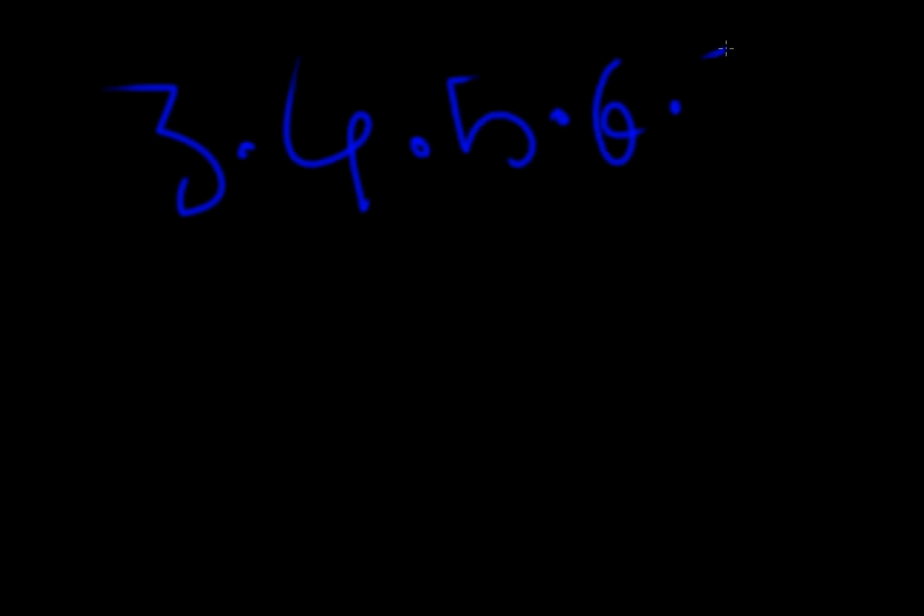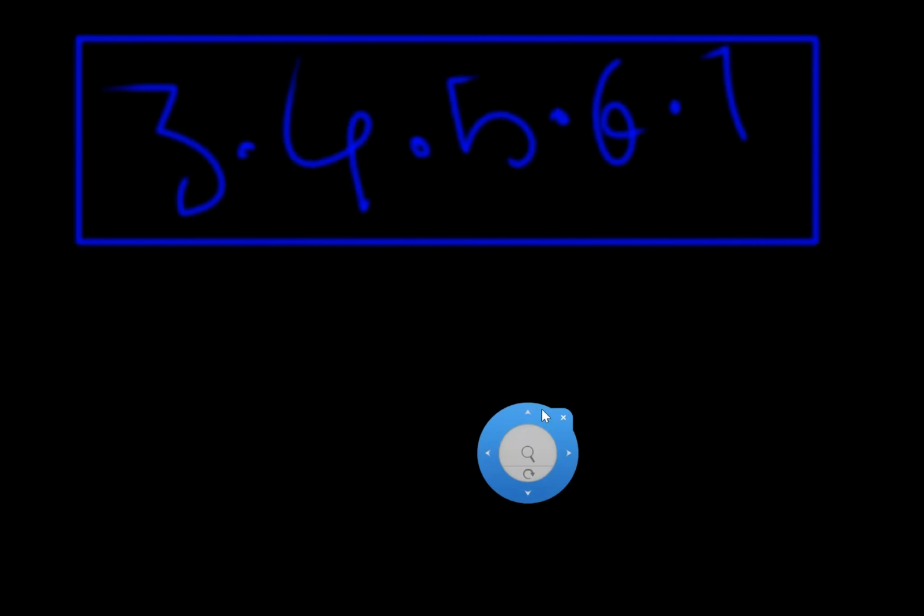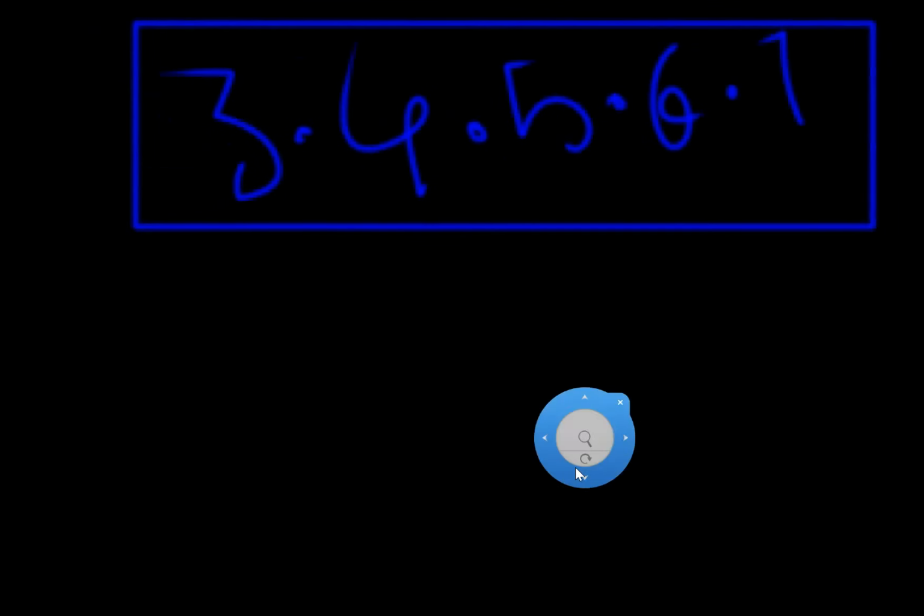And right over here, 3 times 4 times 5 times 6 times 7. Let's create a beautiful box to indicate that this is our answer. Yay! We've done solving all the things.